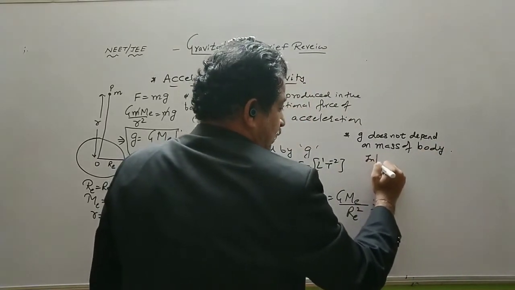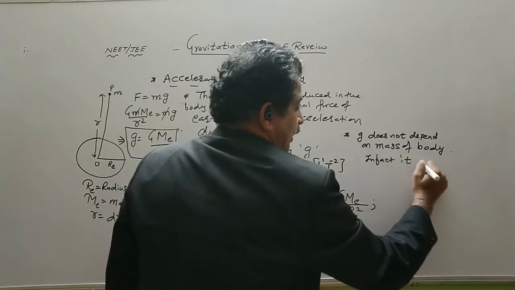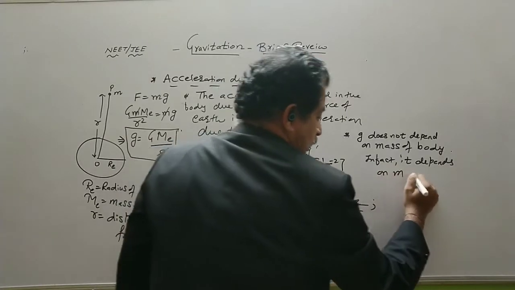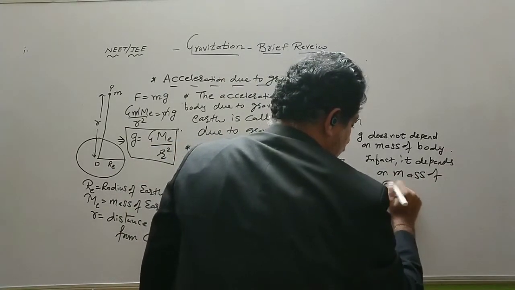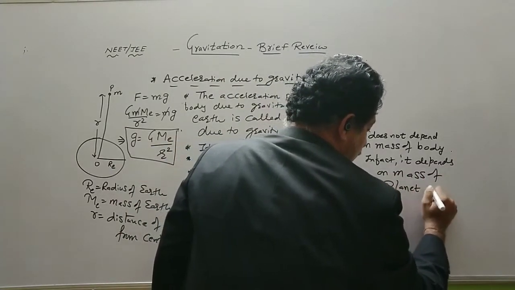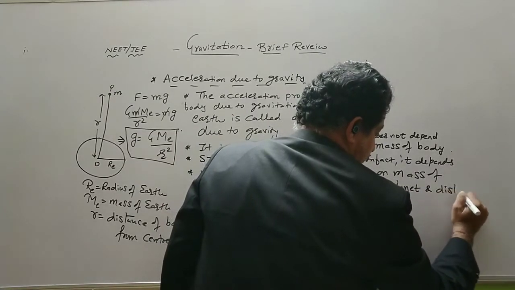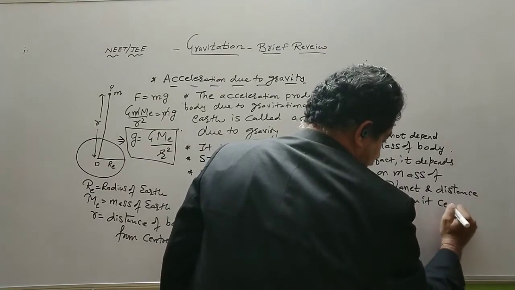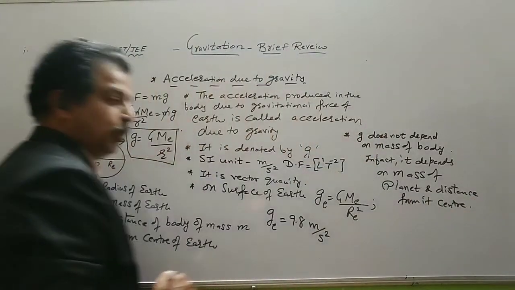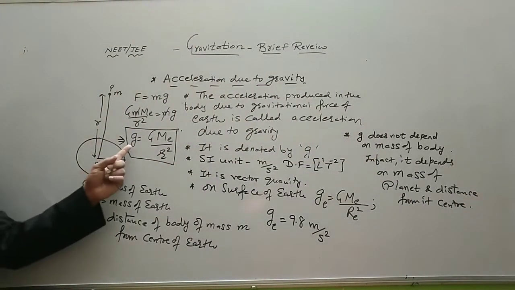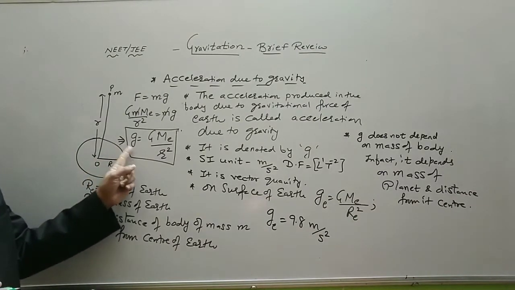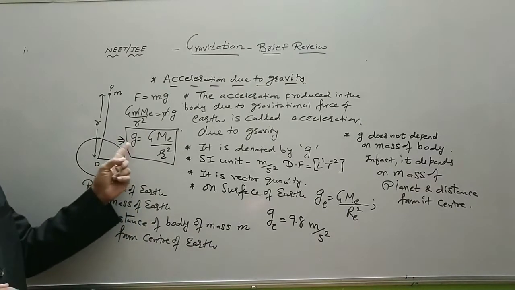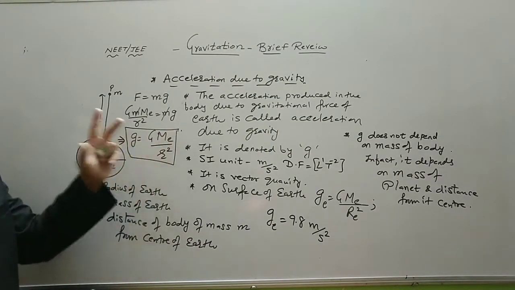In fact, it depends on the mass of the planet and the distance from its center. So it is inversely proportional to the square of the distance. So clearly small g depends on the mass of the planet. Here we have taken Earth. So the general formula becomes g equals G Me upon r square.